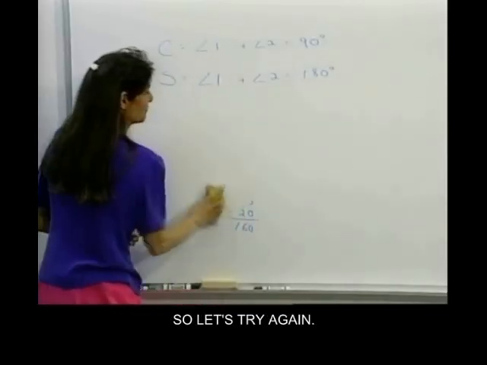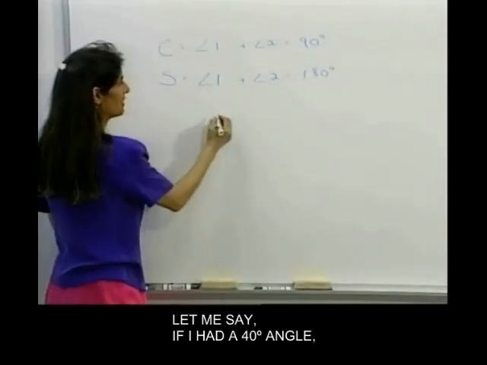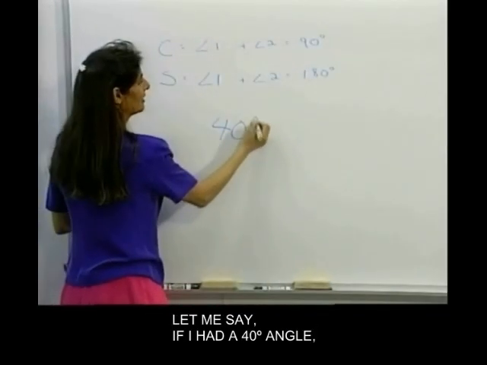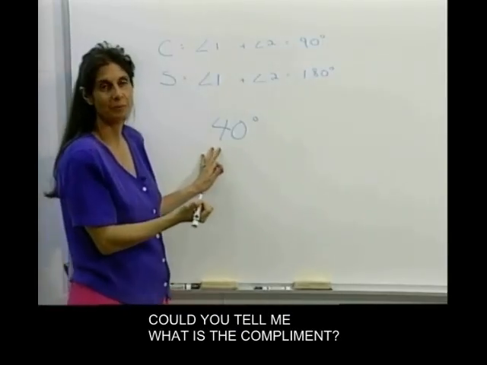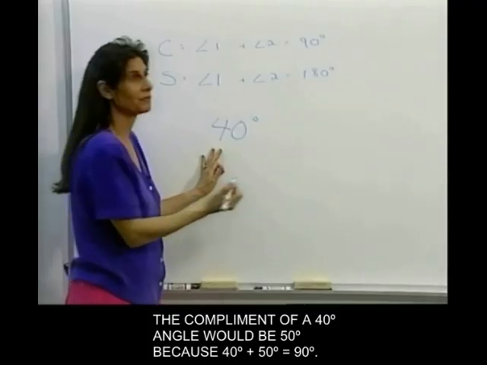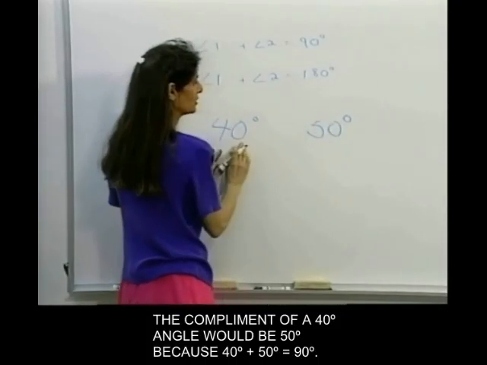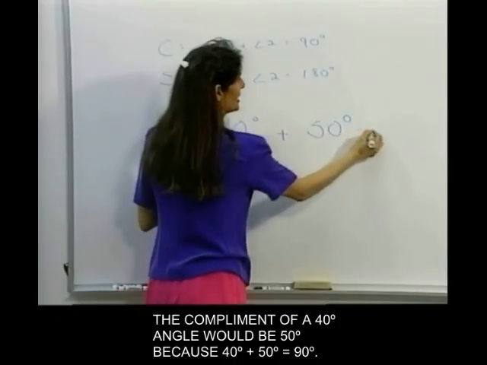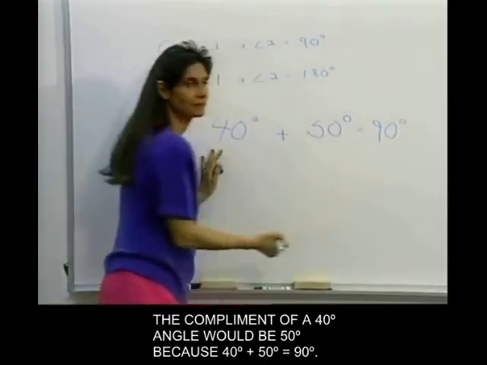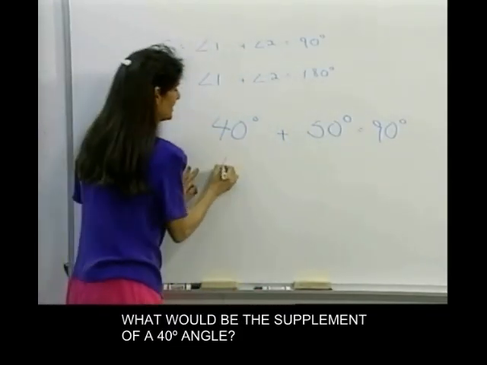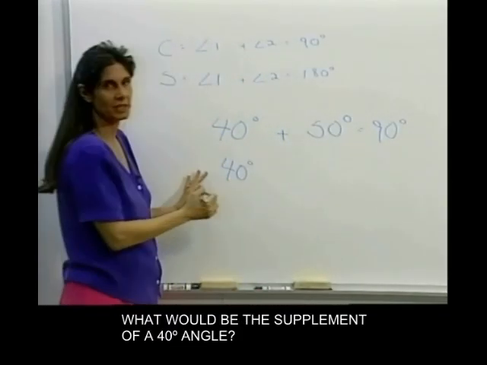So let's try again. If I had a 40-degree angle, could you tell me what is the complement? The complement of a 40-degree angle would be 50 degrees, because 40 plus 50 equals 90. What would be the supplement of a 40-degree angle?